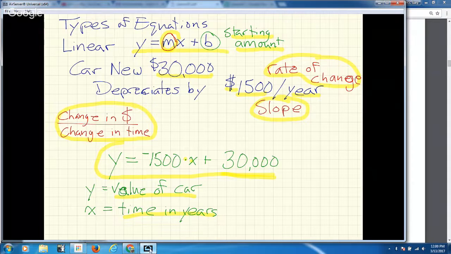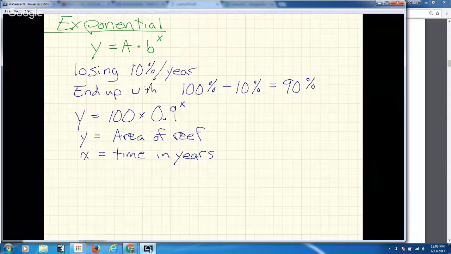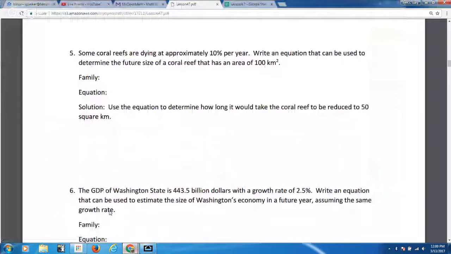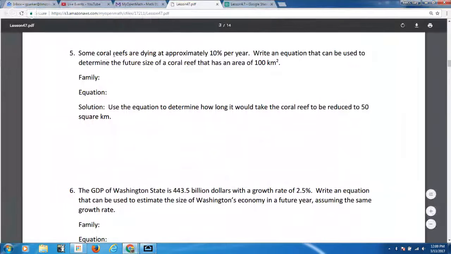Other equations we've seen in this course are exponential. Exponential equations have some starting amount times some repeated multiple over time, usually. So suppose, like in problem number 5, the coral reef problem, that we have a coral reef dying at approximately 10% per year.